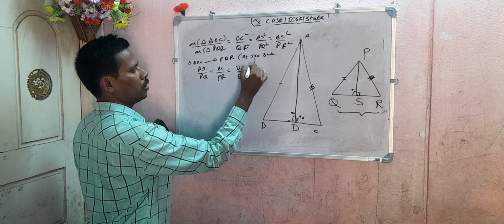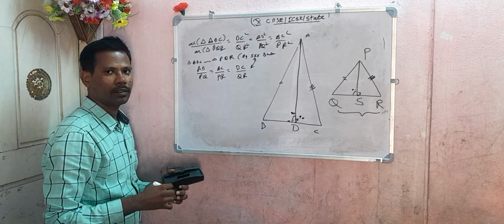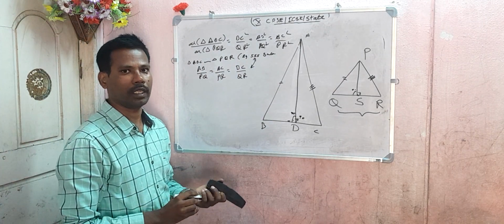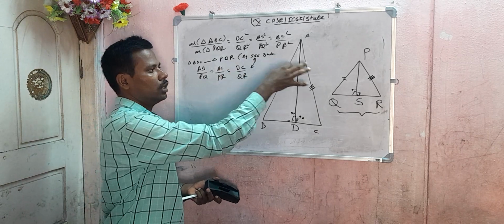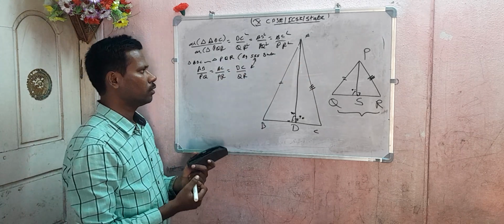Why? Because of SSS similarity. If two triangles are similar, then corresponding sides are proportional.